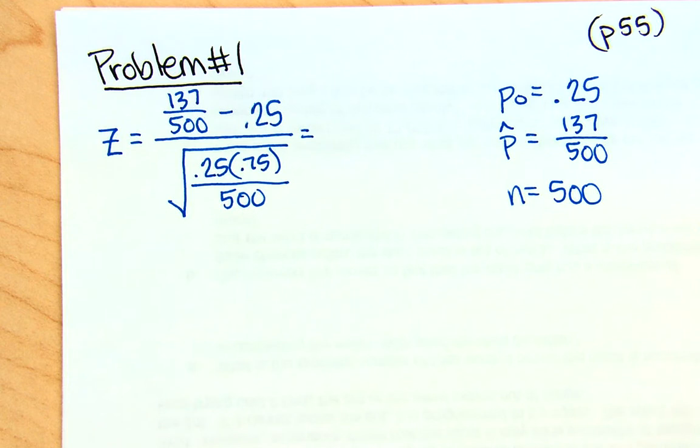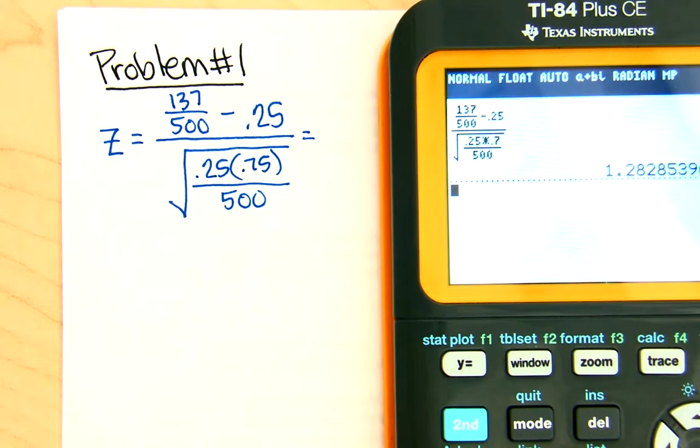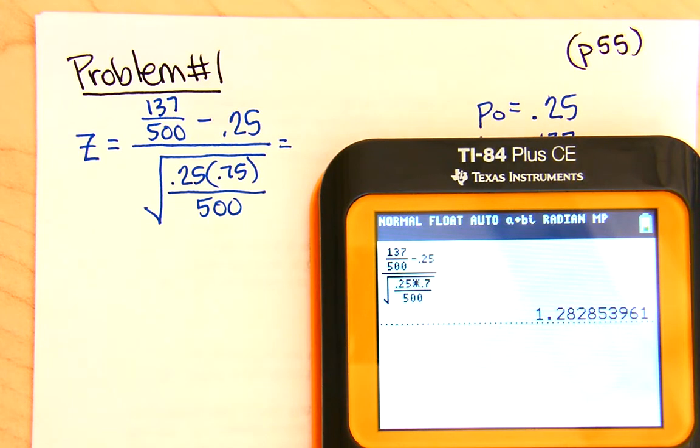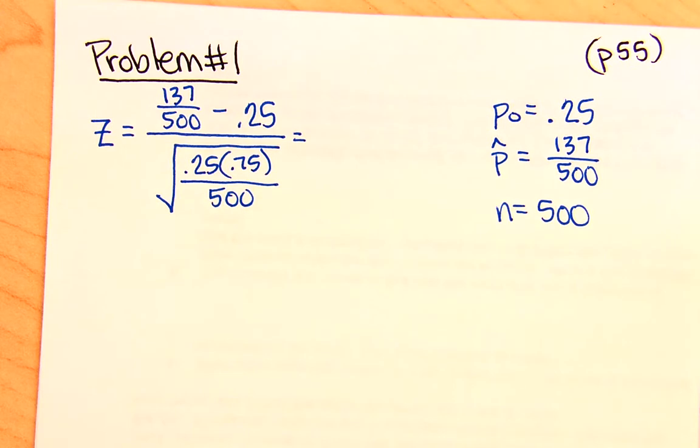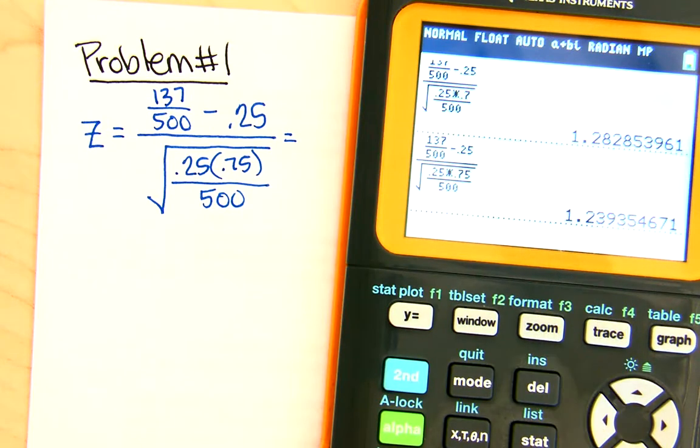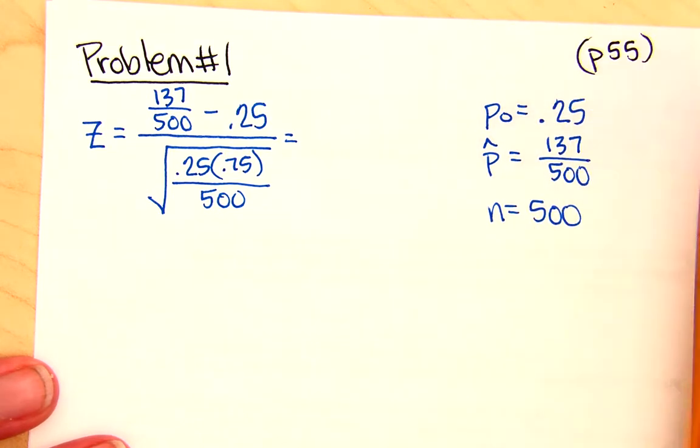Then we would just put all this into our handy dandy calculator. When I do that, I get a z value of 1.240.